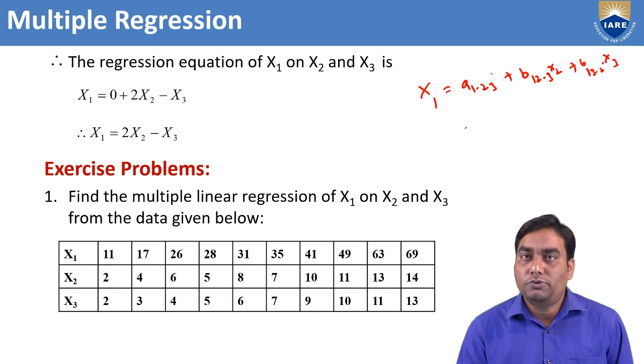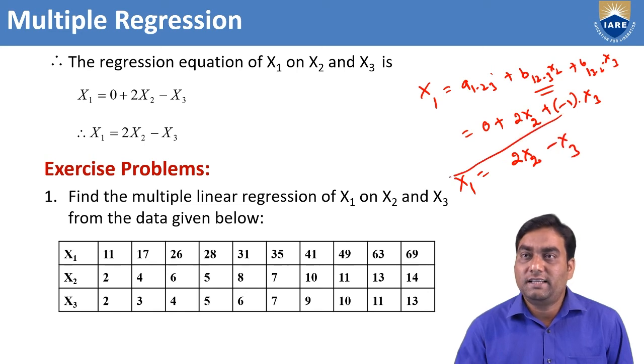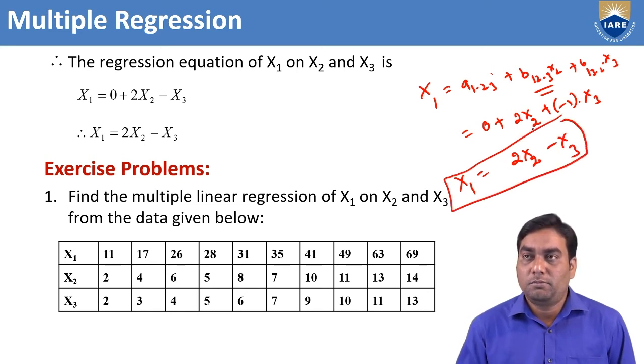With a 1.23 as 0, b 12.3 as 2, and b 13.2 as minus 1, we get x1 equal to 2x2 minus x3. So this is the relation between three variables by using regression. That's why we call it multiple regression, because there is a relation between more than two variables.